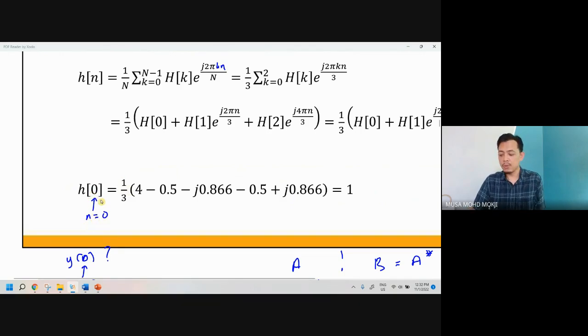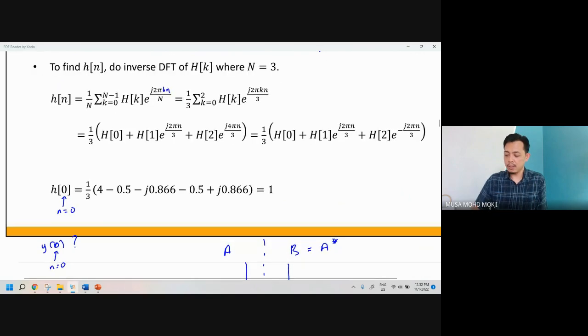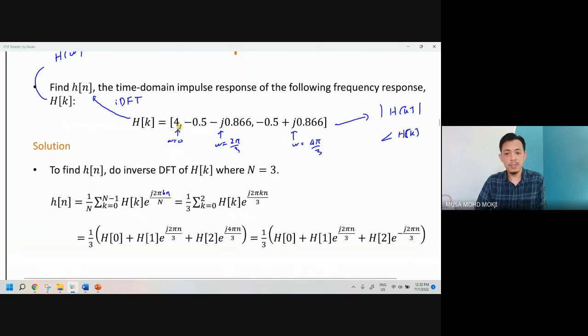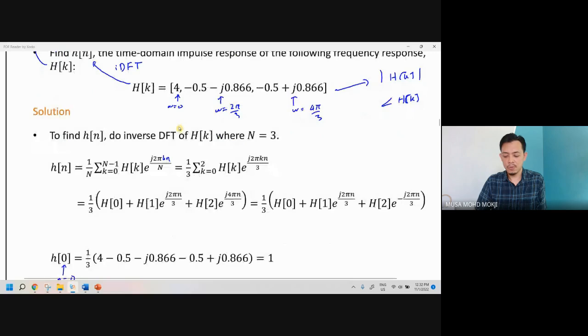So when n equals 0, what we have here: we already know h0 is 4. So put 4 there, and then h1. What is h1? h1 is this one, negative 0.5 minus j 0.866.